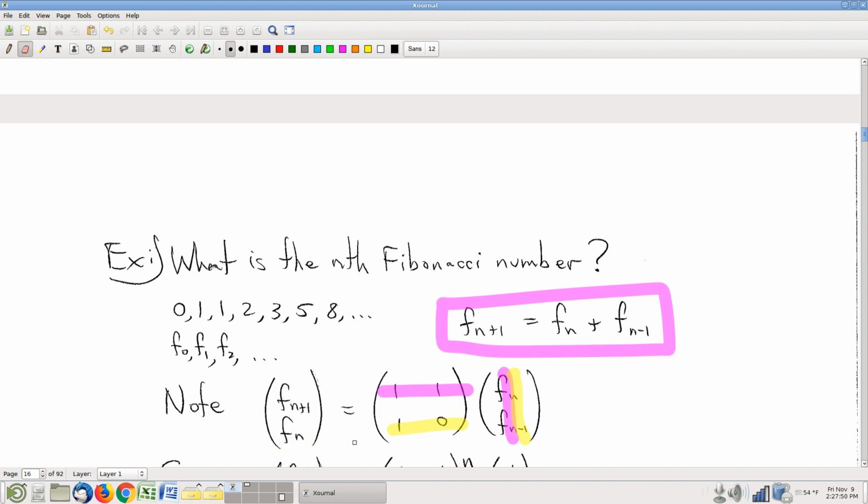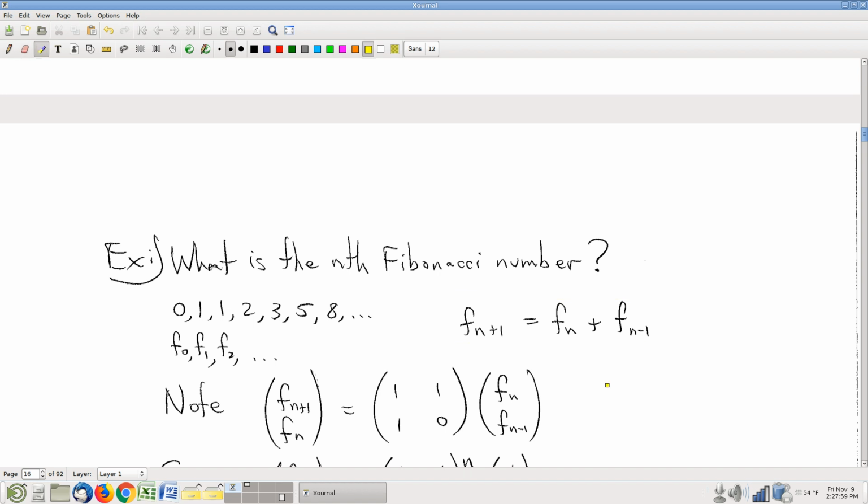And so, I can think of this recursion relation between Fibonacci numbers as being a recursion relation between consecutive pairs of Fibonacci numbers. If you know a consecutive pair, like the 2 and the 3 here, and you want to know what's the next consecutive pair of Fibonacci numbers, they're related by a matrix product. Okay, so again, we've successfully taken a hard question and made it look harder.